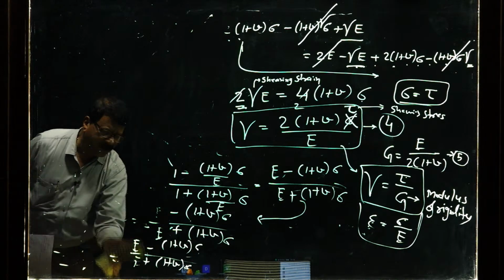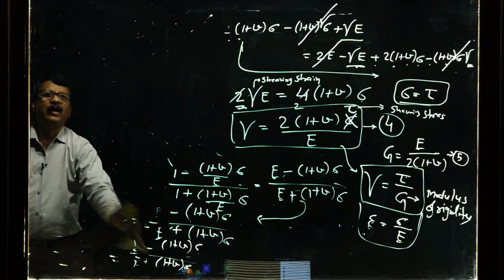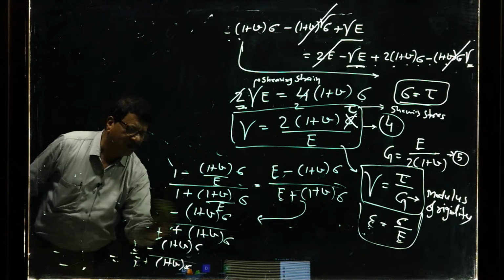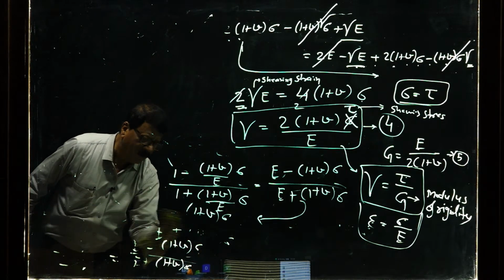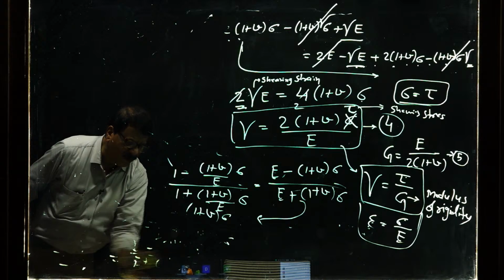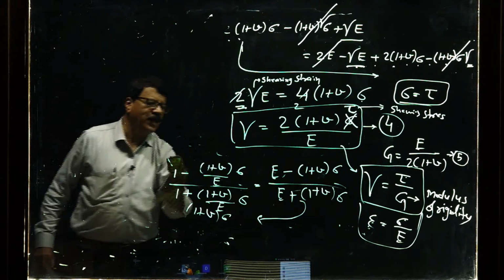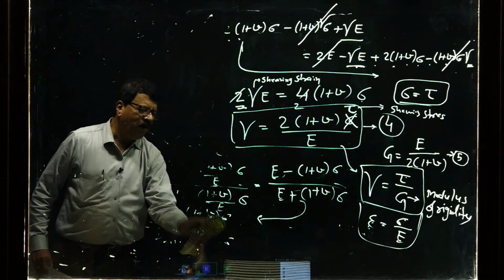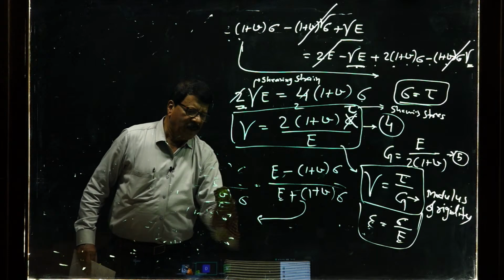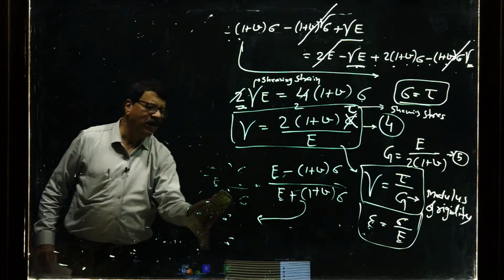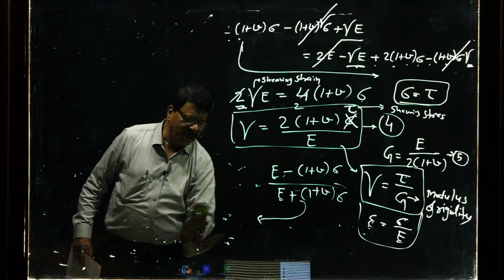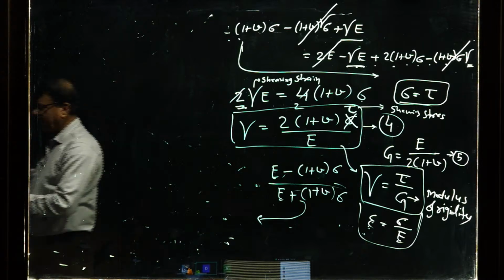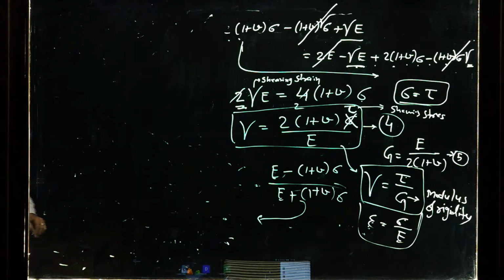The voice is only 20%, but on the board it is 80% you are seeing. So you give me the response. I am asking you what is the value of tan 45, what is sin 45. Nobody is telling. So how will you do the M.Tech? You are doing the master's degree in structures. You will design bridges and multi-story buildings and all those things. If you don't know the little things, then how is it? It requires your signature for any design in the future. So how will you sign?